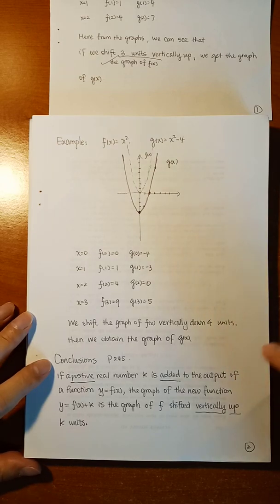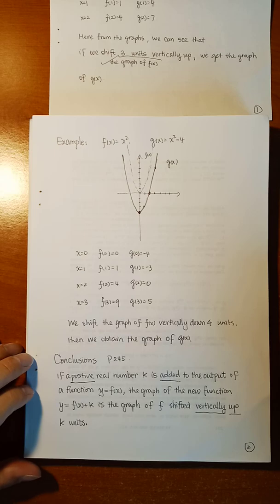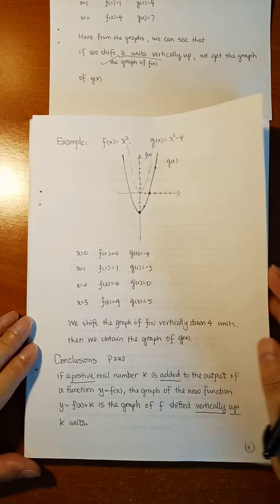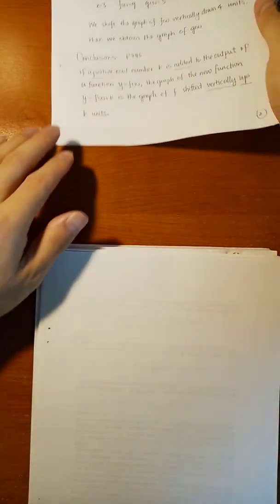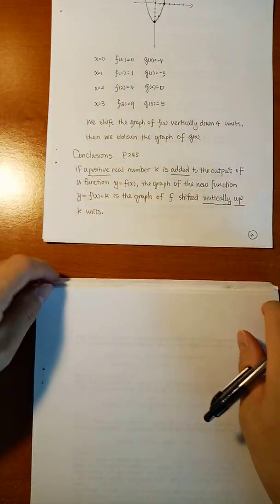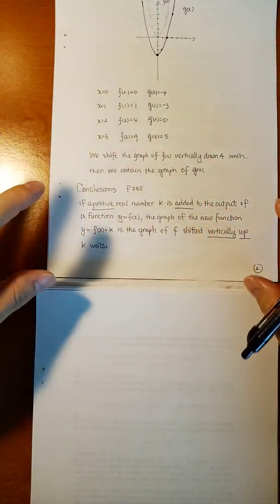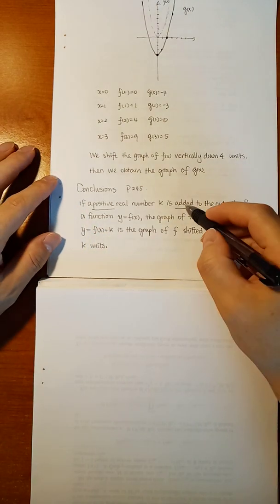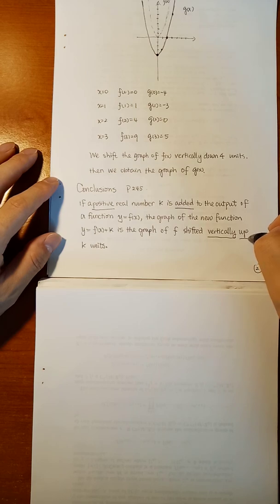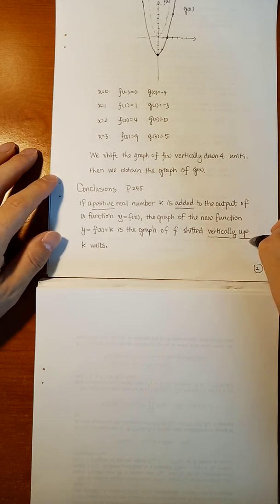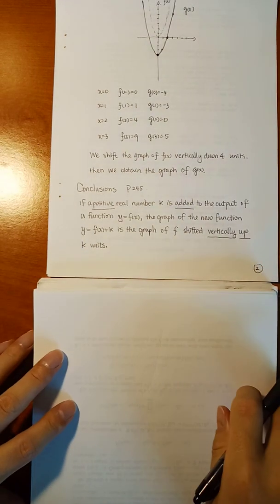We have two conclusions. This first conclusion corresponds to the first example. And the second conclusion, technically you almost copy the first conclusion, just change added to be subtracted, up to be down. Okay? Let's see.